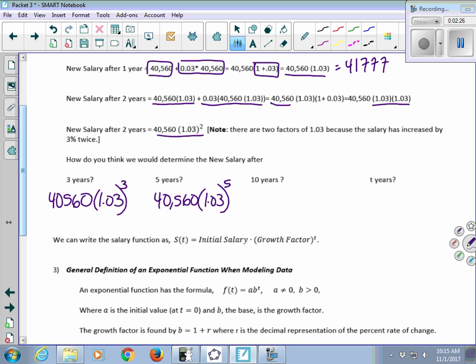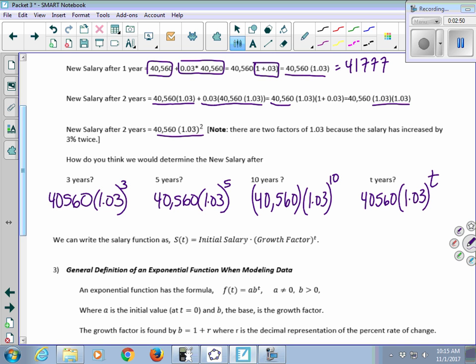So you multiply by 1.03 5 times. Similar for 10 years. Multiply by 1.03 10 times. That's 1.03 to the 10th. And then for T years, we just follow this pattern, and we multiply by 1.03 T times.